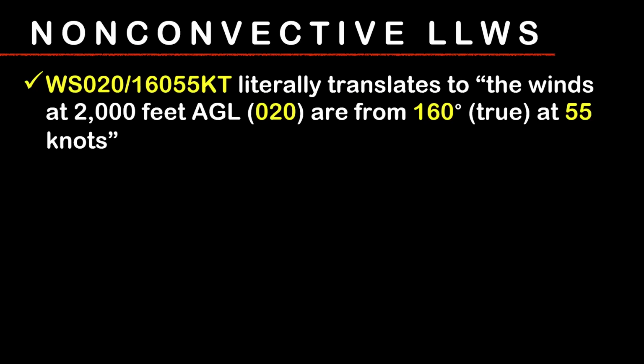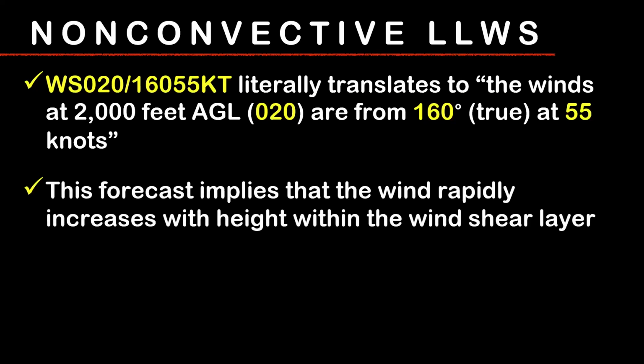So it's basically telling you the wind speed and direction at the top of that wind shear layer, in this case, 2,000 feet. What this forecast implies is that the wind rapidly increases with height within that 2,000-foot wind shear layer. And so essentially the 160 at 55 knots gives you the magnitude of the winds at the top of that wind shear layer.